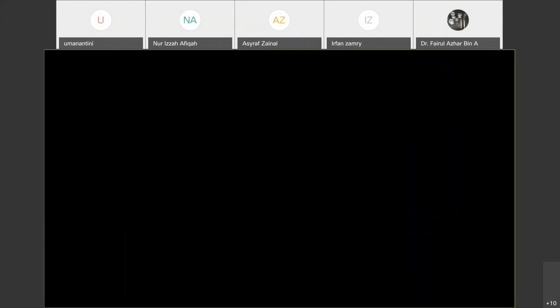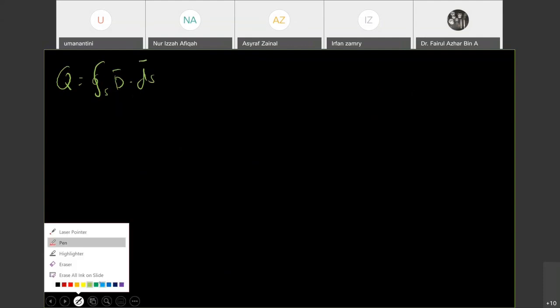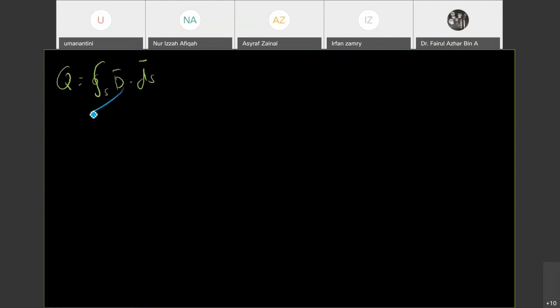Okay, kemudian tu, so we have Q is equal to closed integration surface D dot ds. Okay, then we need to express our D in terms of a general expression. So kita kena create general expression ini.